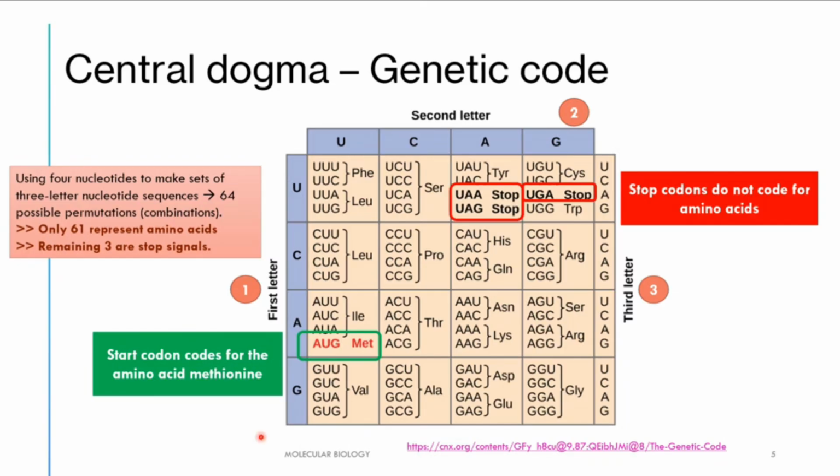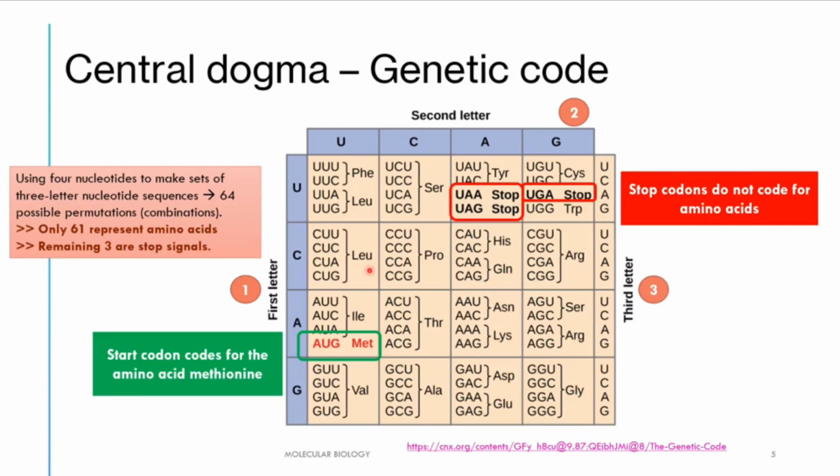First letter C, second letter U, so we are looking at this box here, and the third letter is G. So the CUG codon codes for leucine. Similarly, you can use this method to find the amino acid of whichever 3-letter code you come across.